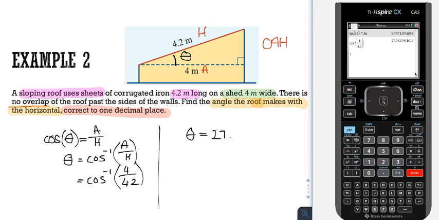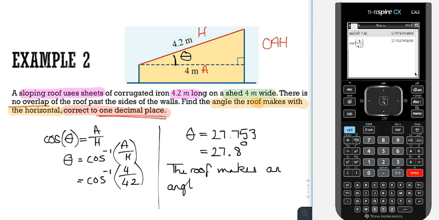My answer needs to be correct to 1 decimal place, so 27.753 will be 27.8, and that's degrees. Again, worded question, worded answer. So the roof makes an angle of 27.8 degrees with the horizontal, and red box that as my answer.